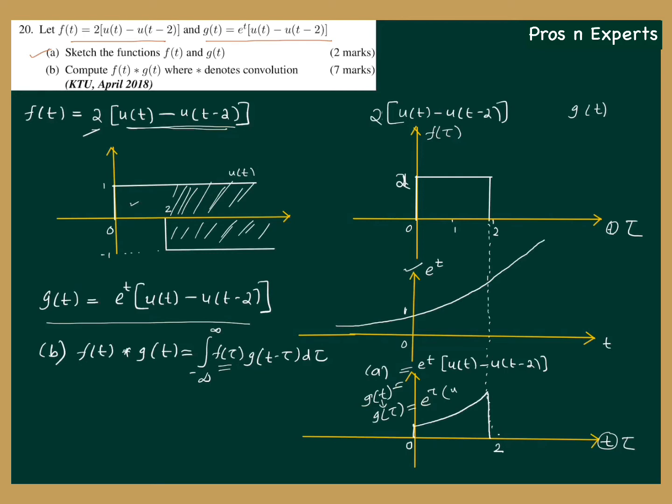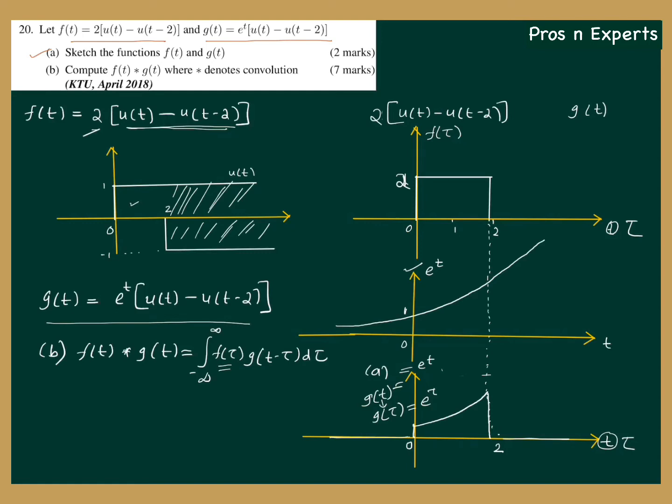Why? Because the effect of that gate is implemented on the signal by trimming the signal in this portion and in this portion. So there is no need to write down u of t minus u of t minus 2 any further, its effect is there in the signal by trimming it. So g of tau is e raised to tau.